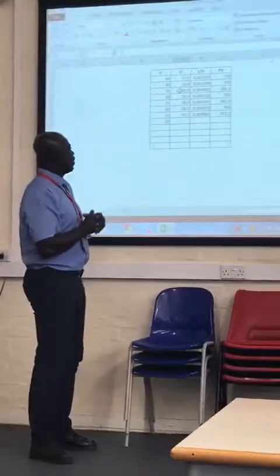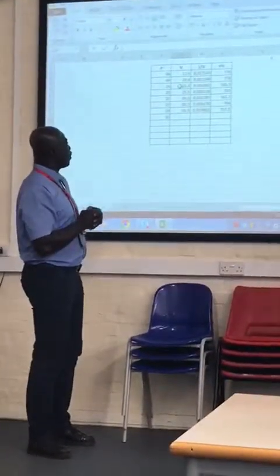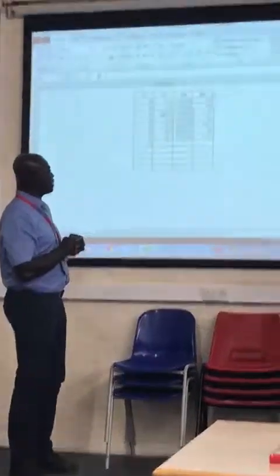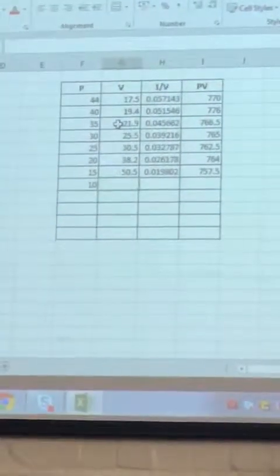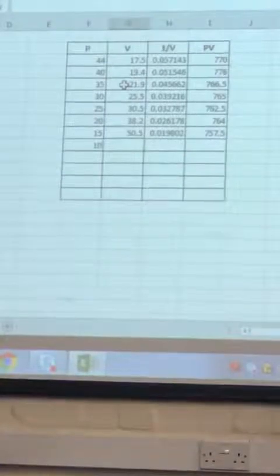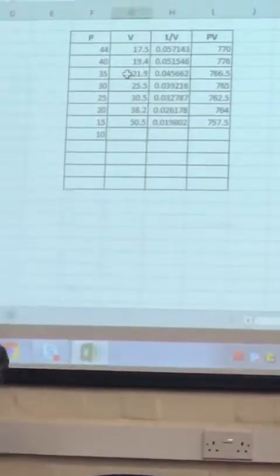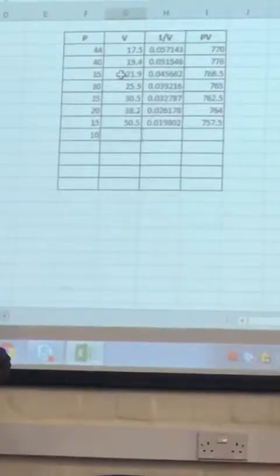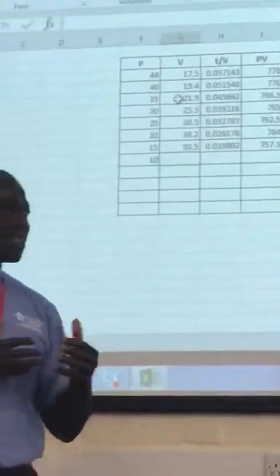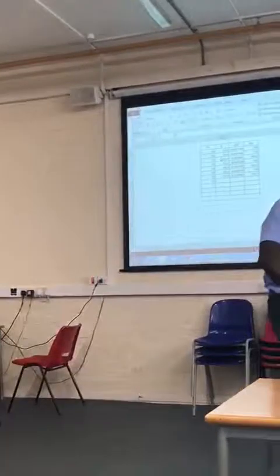The first one, 44 and 17.5, gives us 770. 40 and 19.4 gives us 776. 35 and 21.9 gives us 766.5, and so on to the last one, 15 and 50.5, which gives us 757.5.